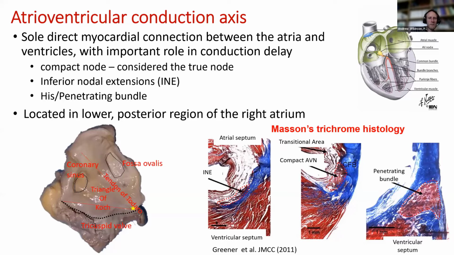We get the penetrating bundle, which forms when the compact node starts to go through the central fibrous body, and this is completely insulated from the working myocardium. As we go down towards the ventricular septum, the penetrating bundle starts to branch into the left and right bundle branches, which then go on to connect with the Purkinje fiber networks in the ventricles, which form the terminal junctions with the working myocardium.